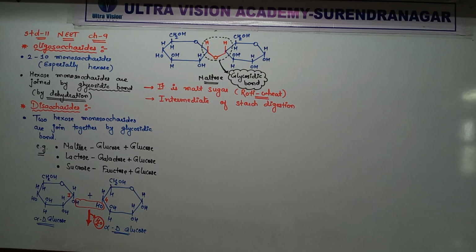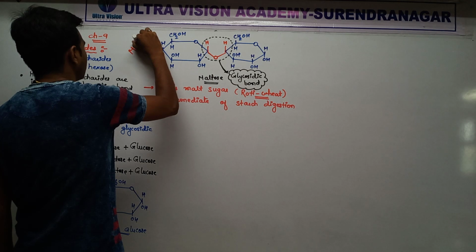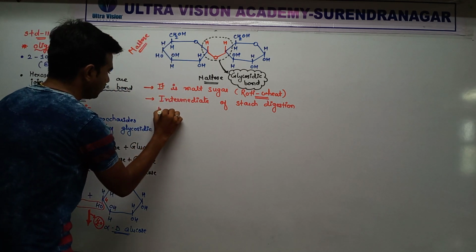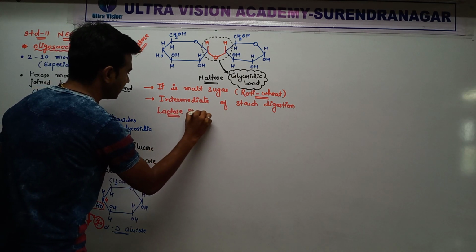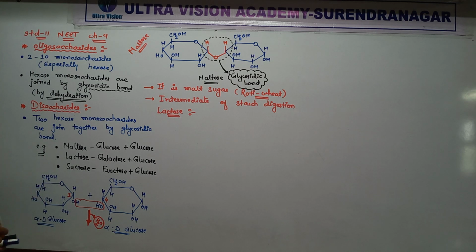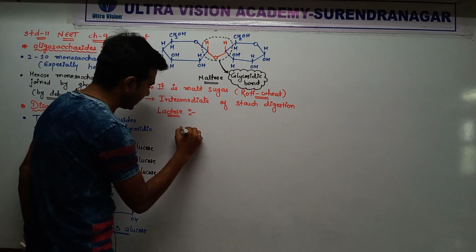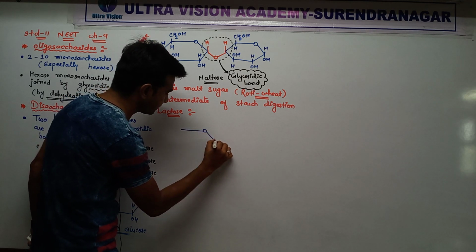Now lactose. How is it formed? Let me see. How is lactose formed? With the help of galactose and glucose. So I can draw the cyclic structure of the galactose first.